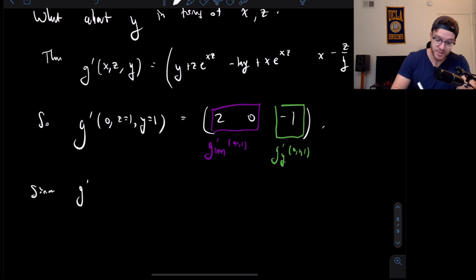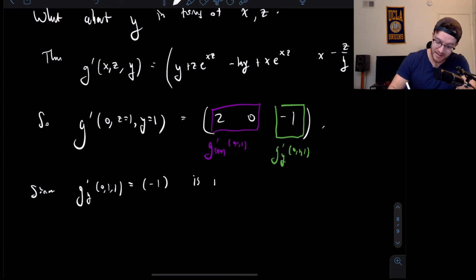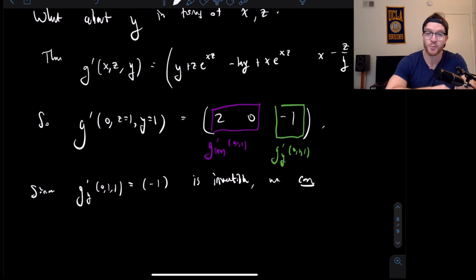So since G prime sub Y at this point, which is, again, the 1 by 1 matrix -1, is invertible, yes, we can locally solve for Y in terms of X and Z near this point.